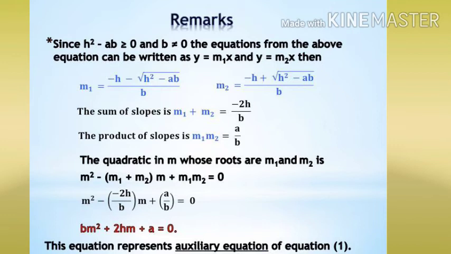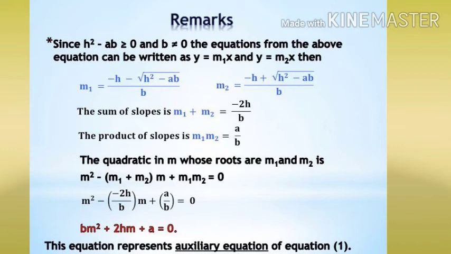Now referring to the previous two equations, the first slope becomes m1 is equal to minus h minus root of h square minus ab upon b, and the second slope becomes minus h plus root of h square minus ab upon b. Now when you add these two slopes, the plus minus root of h square minus ab gets cancelled and you get the sum of the slopes as minus 2h upon b. Similarly, if you take the product of the two slopes, you will get a upon b.